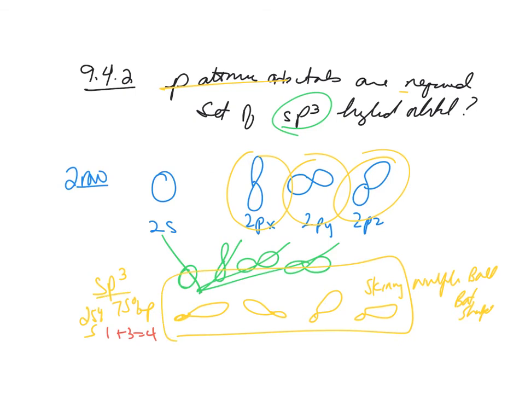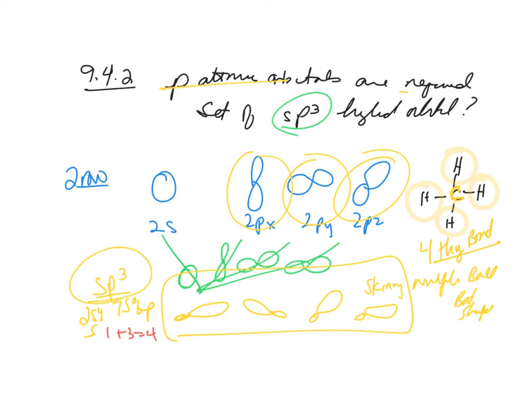Now, why is that important? Well, what compounds will use an sp3? Methane. So methane has, you got to look at your carbon and see that it's bonded to 4 groups, 1, 2, 3, 4. So we have 4 groups bonded to our central carbon. So we need those shapes to be able to do this.